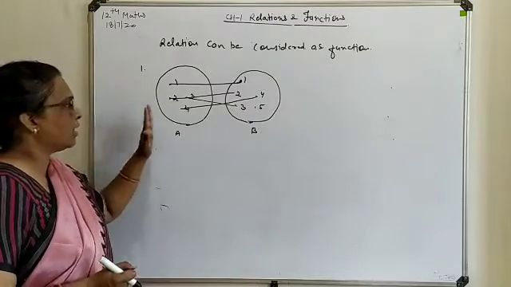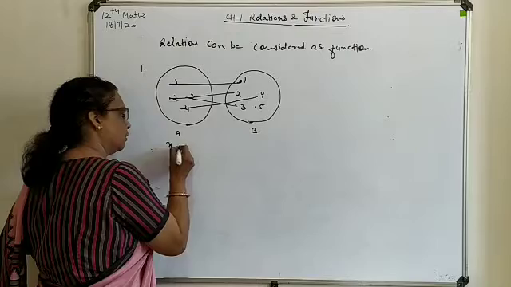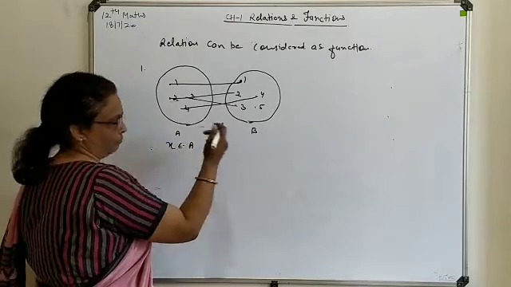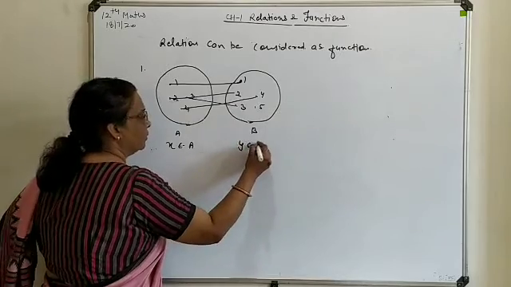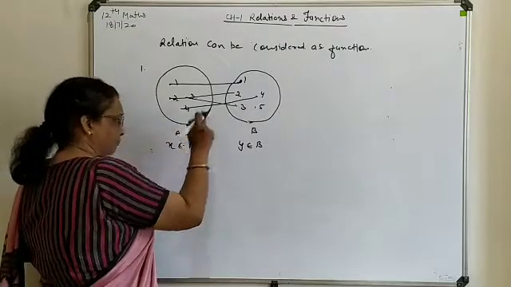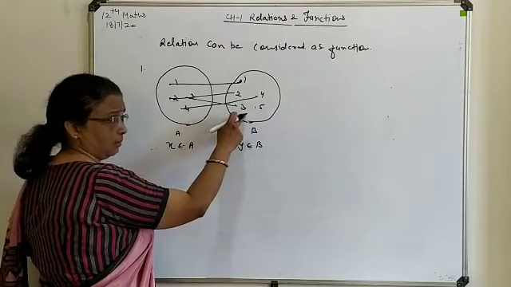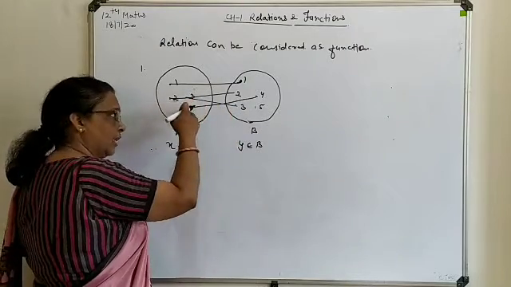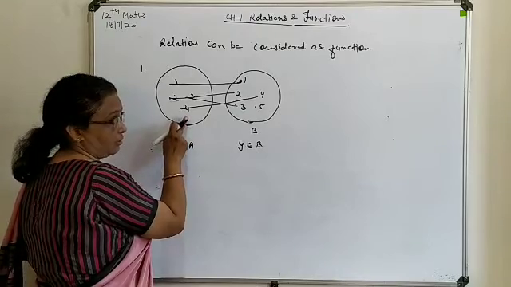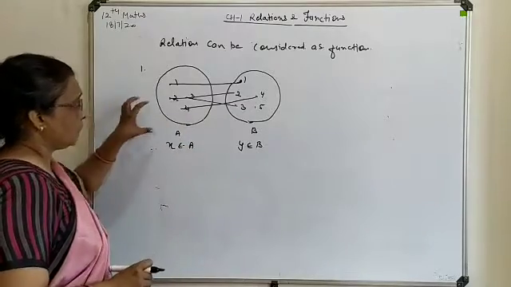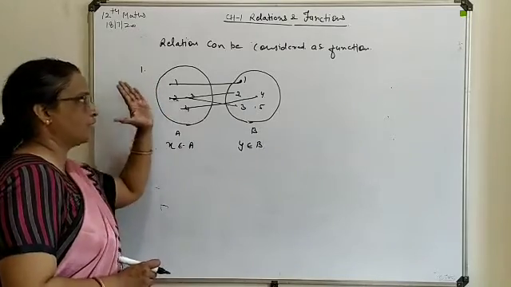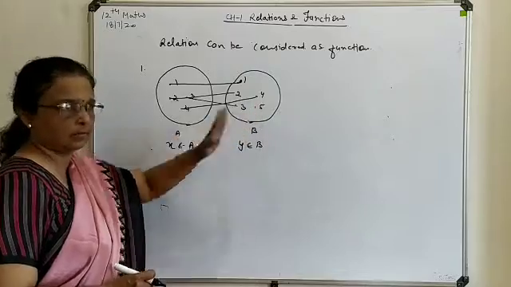So here you can say X in general are the elements to be considered from set A, Y are the elements to be considered from set B. So each element of set B is the image of an element of set A, or in reverse order you can say that regarding your domain, each element has its single image in set B.